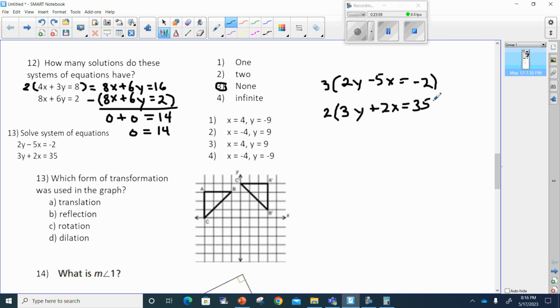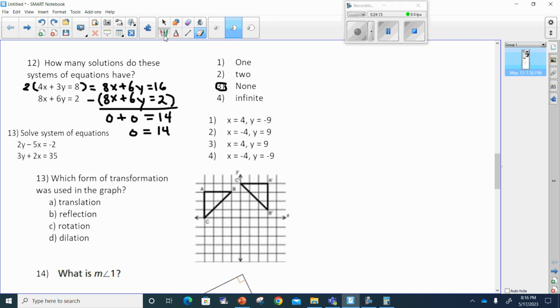When I do this, my first set is going to become, wish I gave myself a little more room now. Let's see. I think I'm just going to rewrite it here. And I'm going to put 3 over here, 2 over here, so you can see where I'm going with it. All right, so 3 times 2y will be 6y. 3 times negative 5x will be negative 15x.